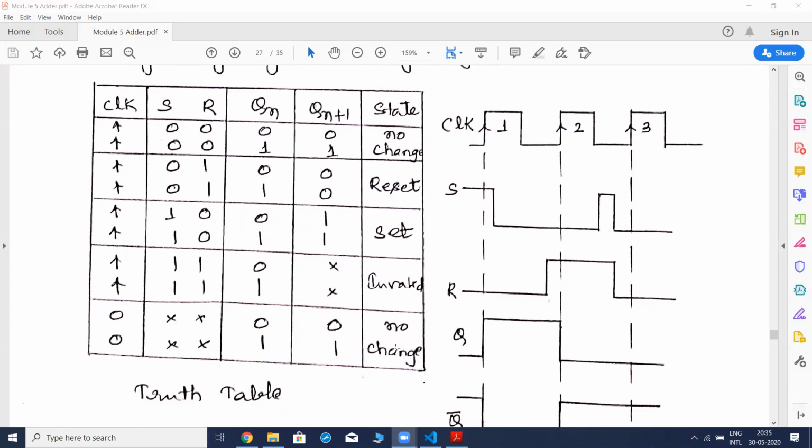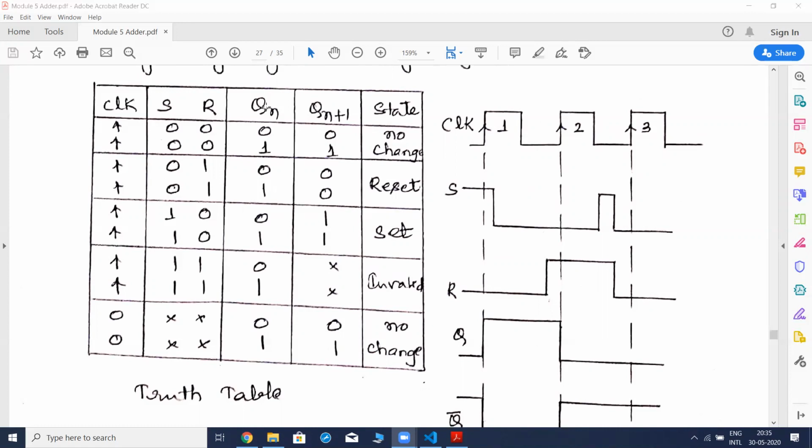That means there is no change in the state of the flip-flop if the clock is not given. Only when the clock is given, it will give the output according to the present inputs, and it also depends on the previous outputs. It is going to give us the present state.